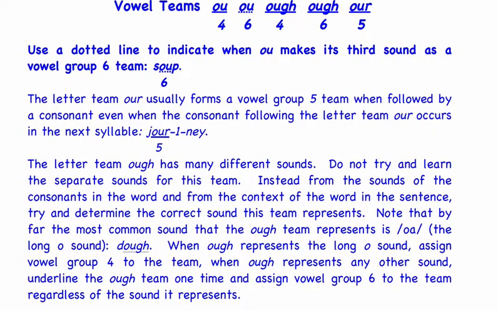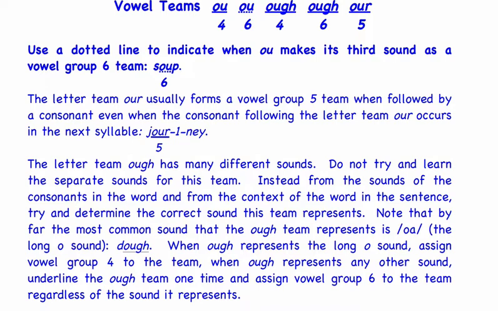Let me review the information I presented on the previous screen. First of all, use a dotted line to indicate when OU makes its third sound as a vowel group 6 team, and that sound is oo, as you hear in the word soup. The letter team OUR usually forms a vowel group 5 team when followed by a consonant, even when the consonant following the letter team OUR occurs in the next syllable.